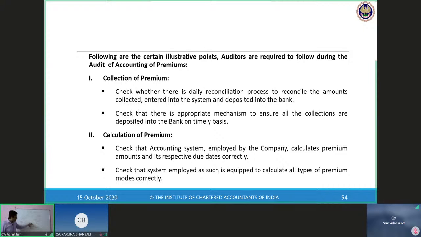But this function, or you can say this process, in case of an insurance company, happens to be the most critical one, on which the auditor is also required to spend a lot of time and focus his efforts, because on the basis of this, you can now understand some of the key components of the balance sheet and P&L will be based.